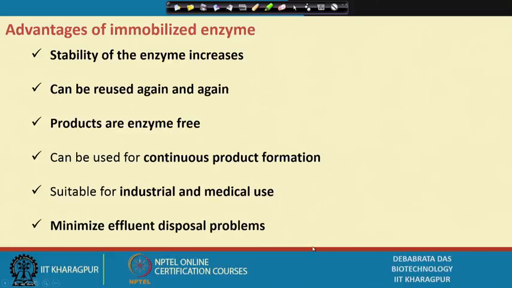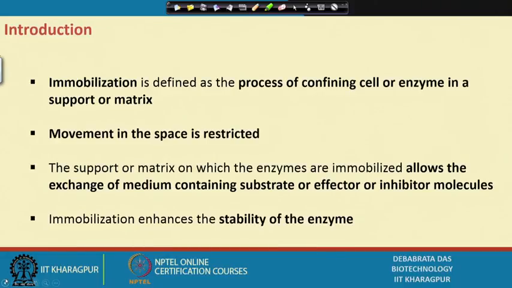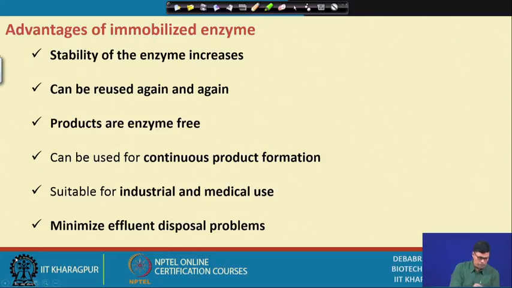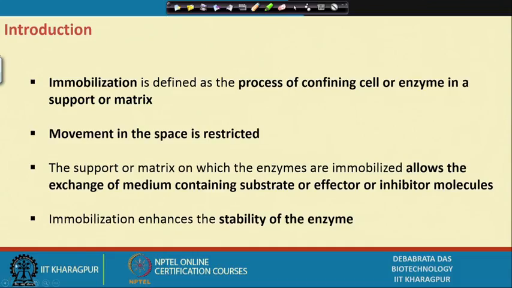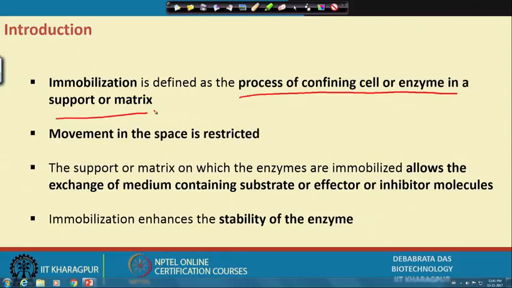And the first thing that I want to highlight is, what do you mean by immobilization? Immobilization is defined as the process of confining cells or enzymes in a solid support. What do you mean by that?